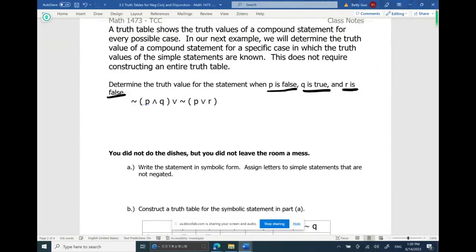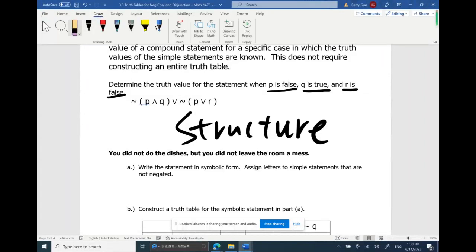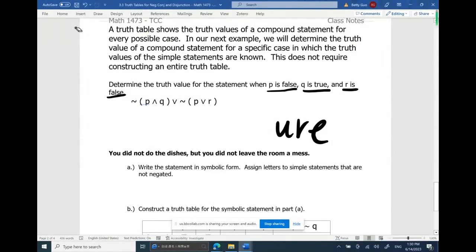Even if we don't need to construct the truth table, we still need to see the structure. Super important. I repeatedly emphasize how important it is to see the structure of algebraic expressions. This is a logical expression. It's like if you are a doctor or nurse, it is very important to see the anatomy, right?